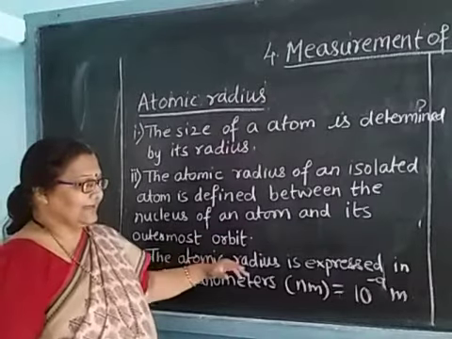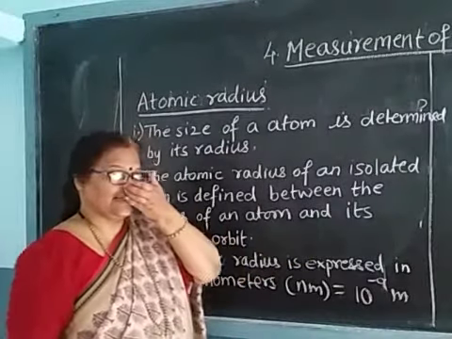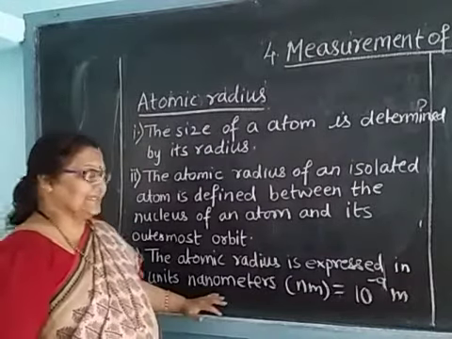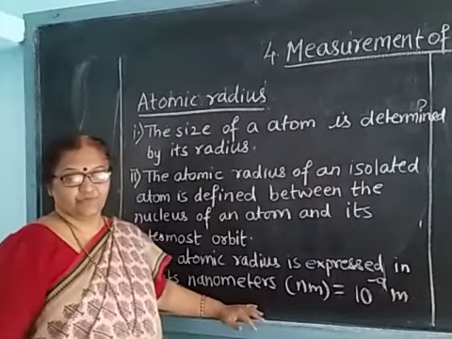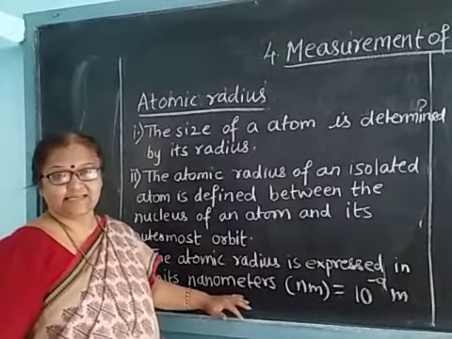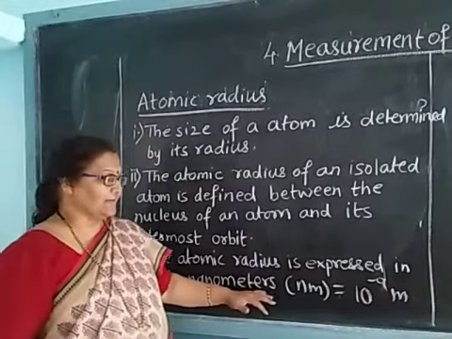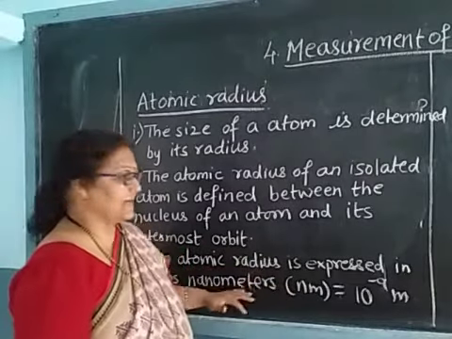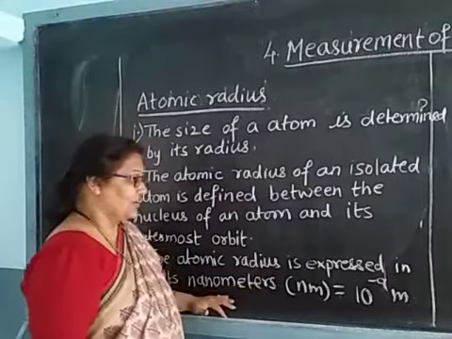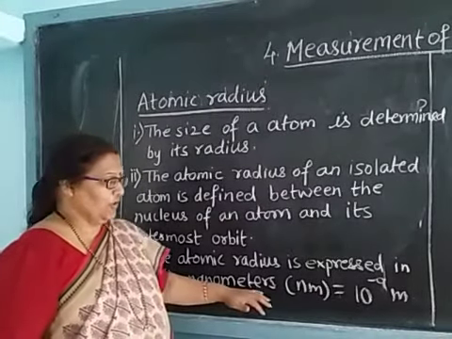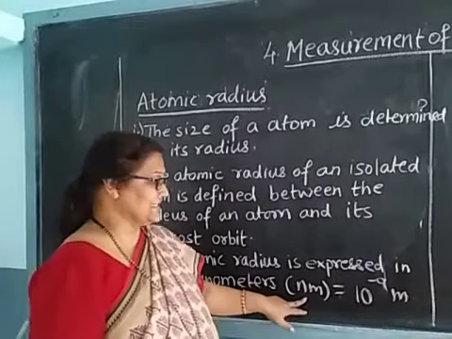The atomic radius is expressed in nanometers. So how do we determine this? We can determine this in units called nanometers, which are expressed as nm.